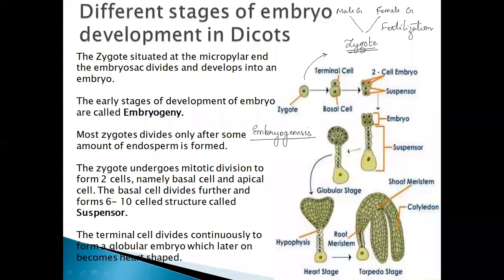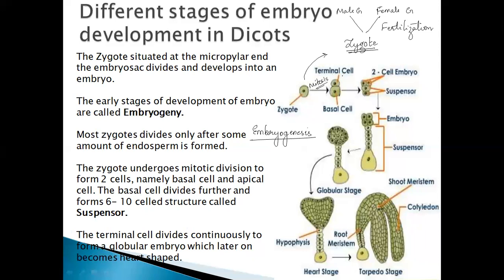Now, remember, first learn the diagram. Once you learn the diagram, it becomes easier for you to understand the steps. So here, this is a zygote. Now, the zygote undergoes mitosis, which is nothing but equational division, forming two cells.